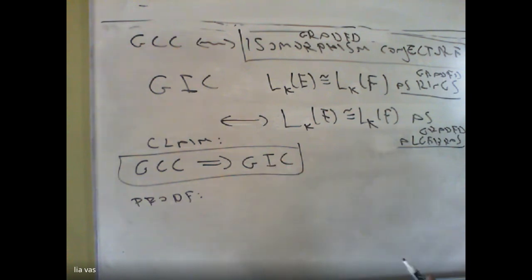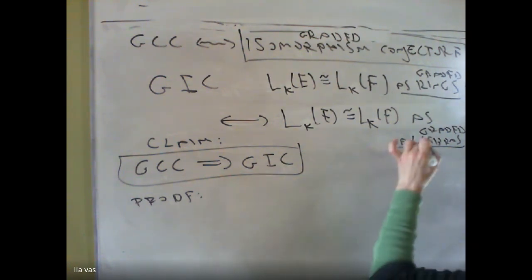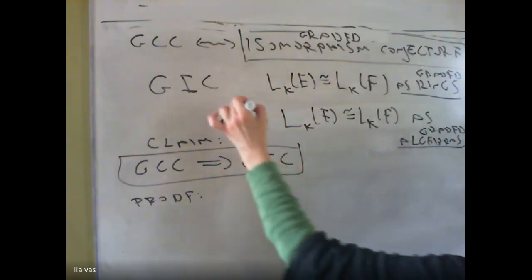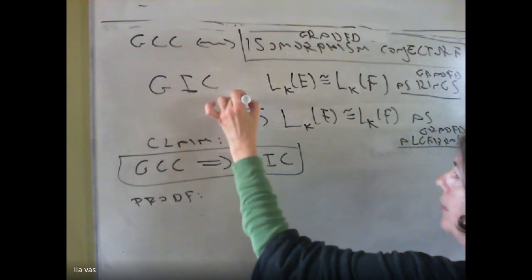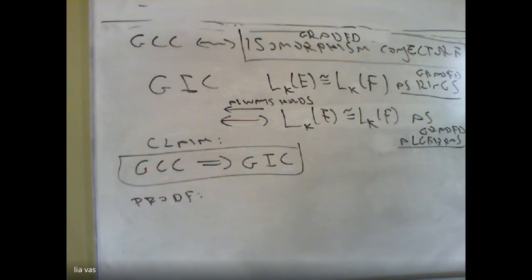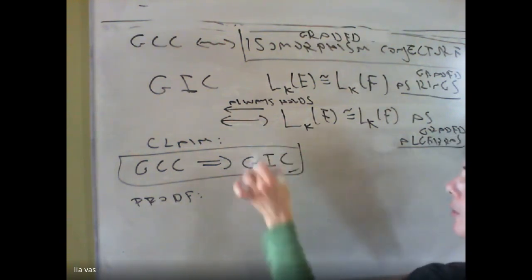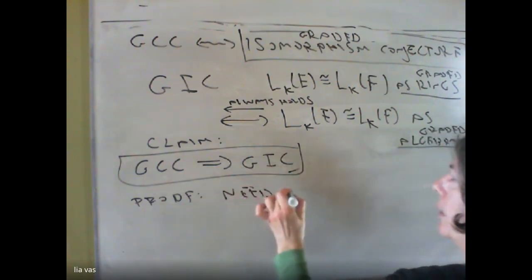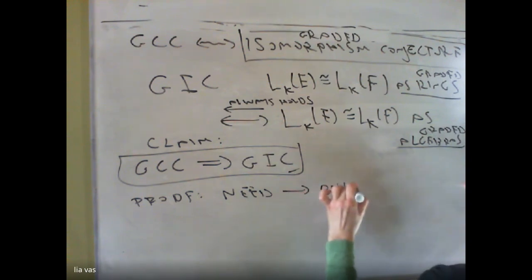So let's assume that the graded classification conjecture holds. Let's try to prove this one here. For this one, one direction always holds. So if they are isomorphic as algebras, then of course they are isomorphic as rings. So this always holds. So pretty much, to show that the graded isomorphism conjecture holds, I need to show this direction only.